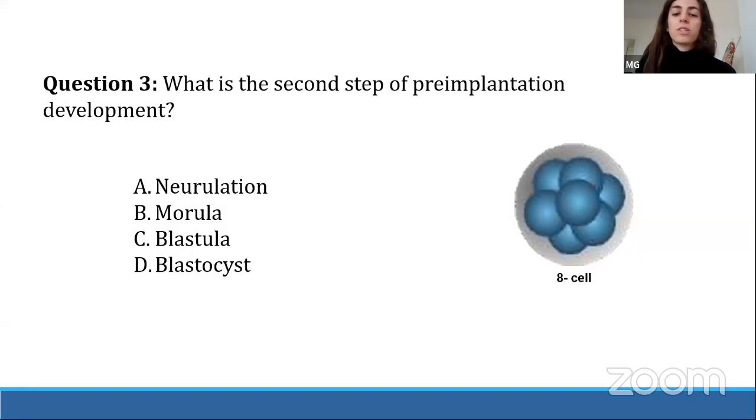Sorry, the questions in the poll don't match the ones on the slides. So if you want to post in the chat A, B, C, or D, it will be easier. The 4 options are neurulation, morula, blastula, or blastocyst.